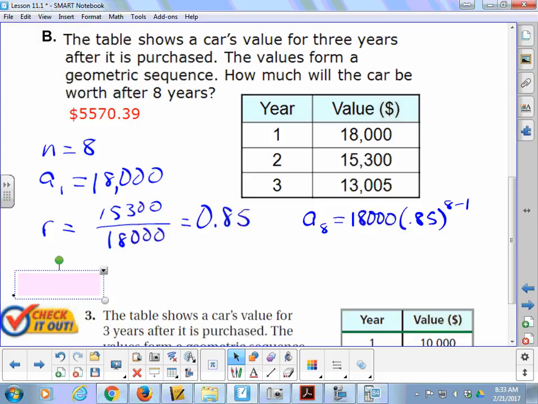So the car is worth $5,570.39 after 8 years. Depreciation of automobiles. After a while, they don't. It's less and less.